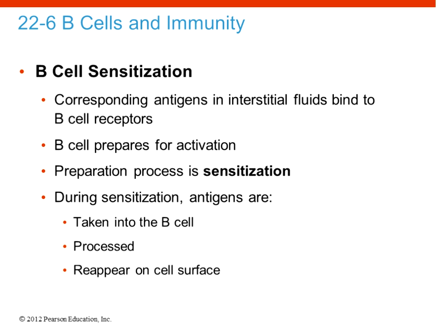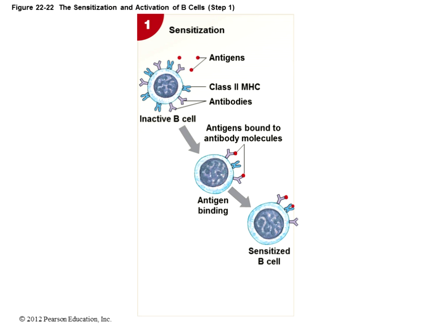B cells are sensitized by recognizing an antigen and taking it into B cell processing and then reappearing on that B cell surface. Okay, so you can see what happens. There's specific antigen circulating in the body, right?